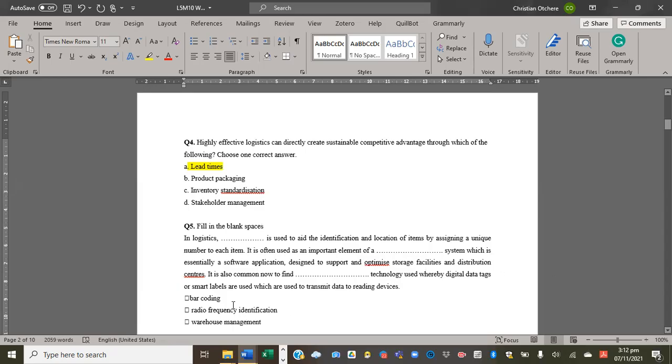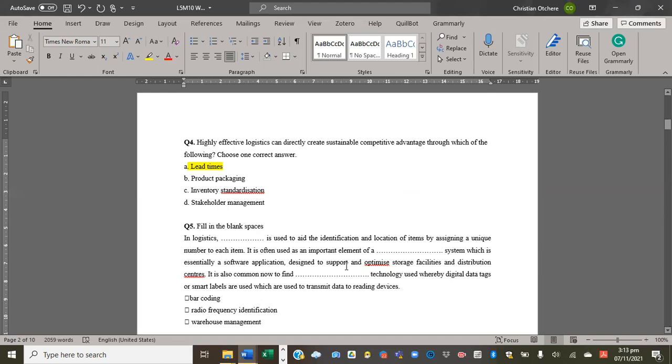Filling the blank spaces. One person can try it. We are using barcoding, radio frequency identification, and warehouse management. Okay, so I think this time I will allow Sarah to give it a try. Hello, Sarah. Yes. So in logistics, barcoding is used to aid the identification and location of items by assigning a unique number to each item.